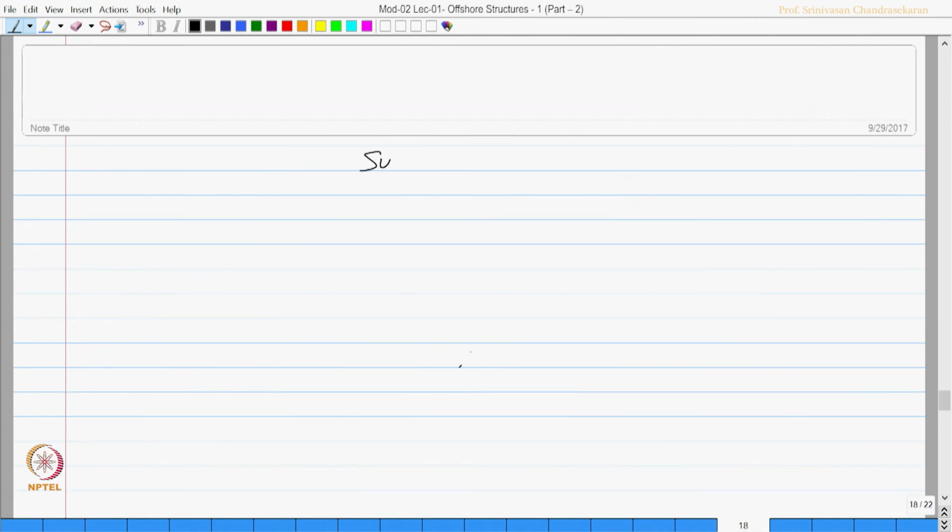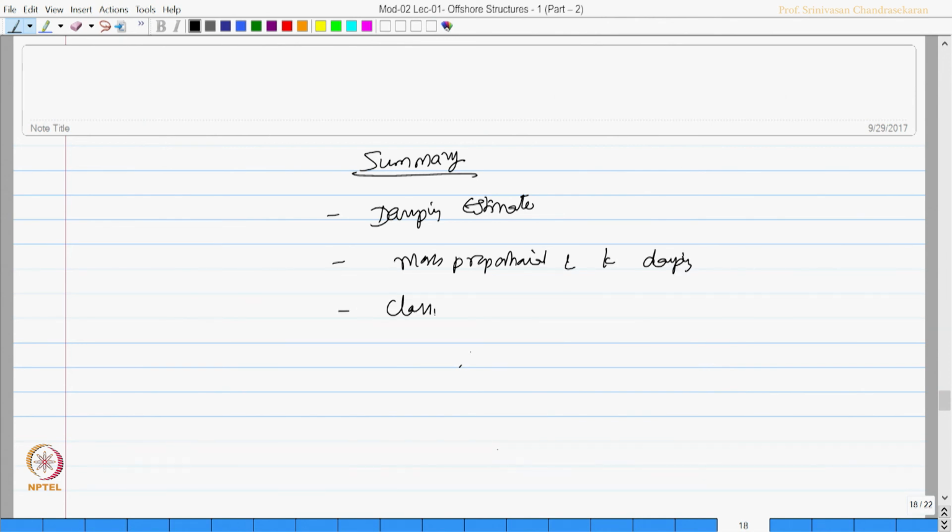So, in this lecture, friends, we learned how damping estimation is important in offshore structures, what is mass proportional and stiffness proportional damping, what is classical damping, what is the problem with classical damping and why Rayleigh damping is appropriate to offshore structures, and how to solve for C from Rayleigh damping.